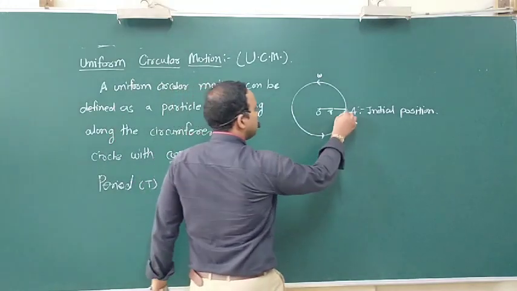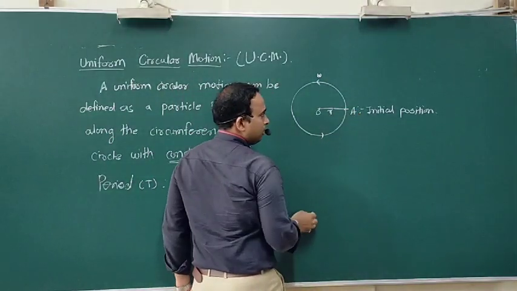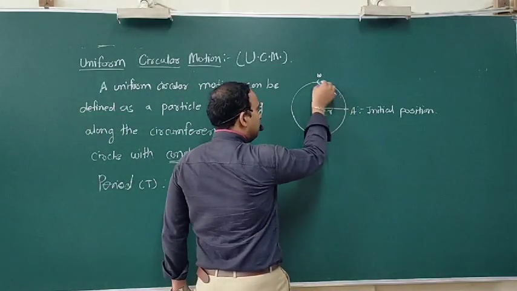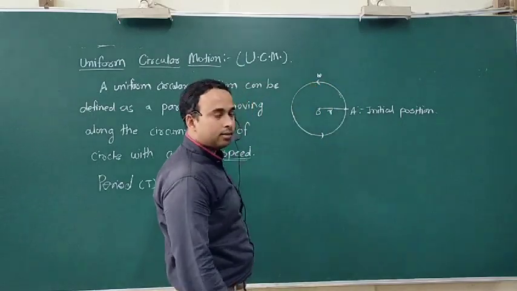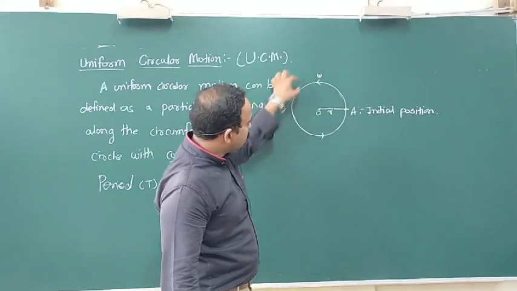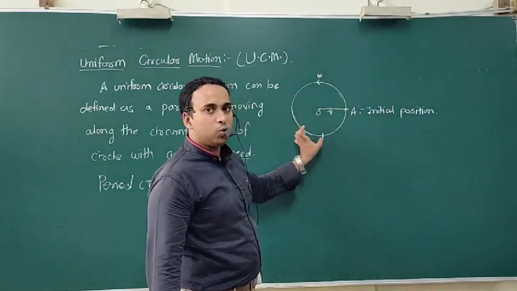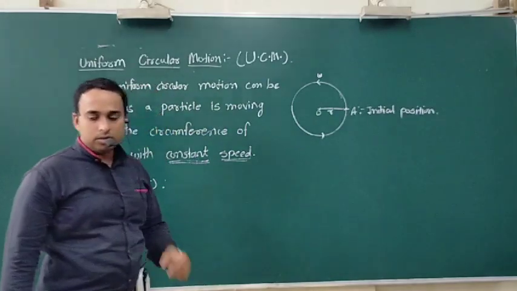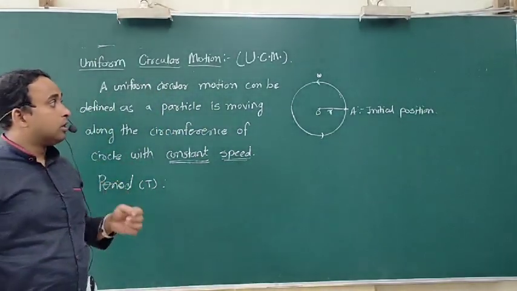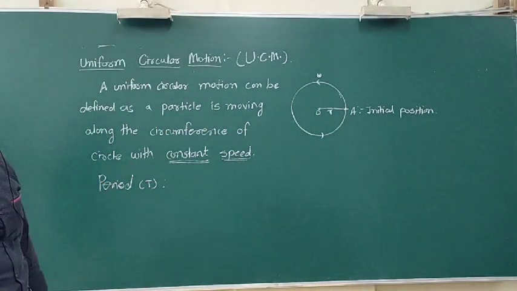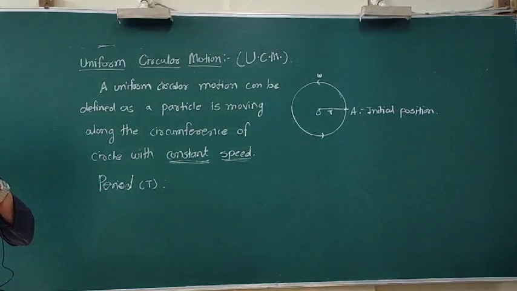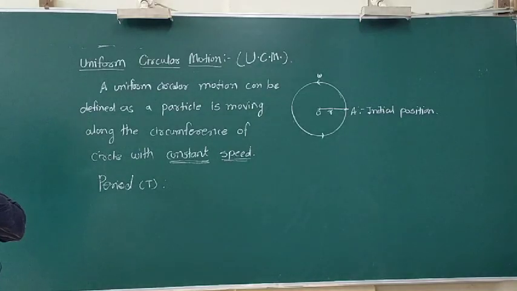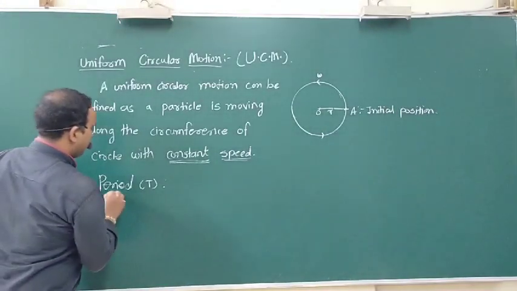One revolution means the particle starts from point A, moves, and again ends at point A. That means the particle has completed one revolution. Such time to complete one revolution is known as period.